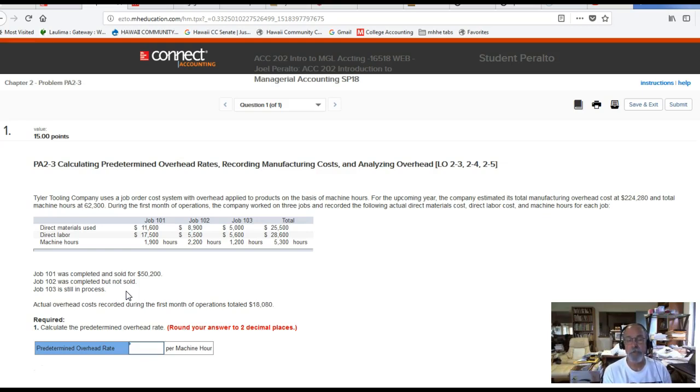The last step would be to allocate or apply overhead to production, and what that entails is taking overhead cost out of the manufacturing overhead account and moving it into the work in process account. And again, if you think back to the first two problems that we worked on, that was basically the process we went through.